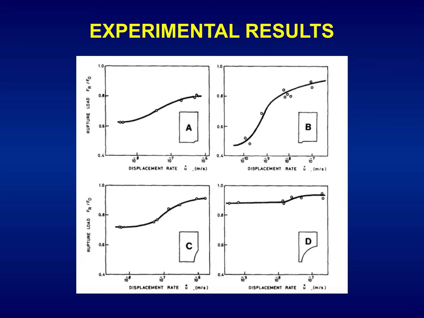We have in the 4 geometries an increasing trend of failure load in hydrogen with the displacement rate. The higher the displacement rate, the less the time for hydrogen entry and diffusion and deleterious effect on the sample, and the better the results regarding fracture load in hydrogen.